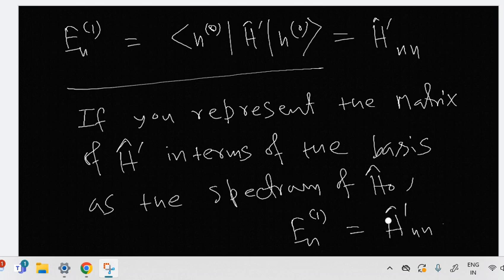Those are the correction terms in the energy eigenvalue.